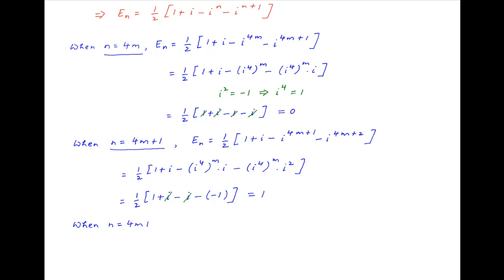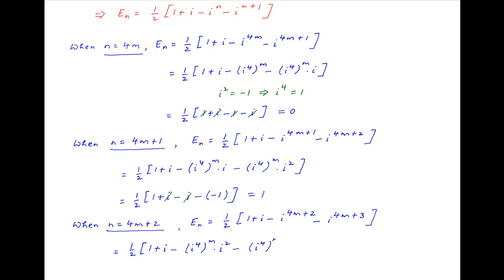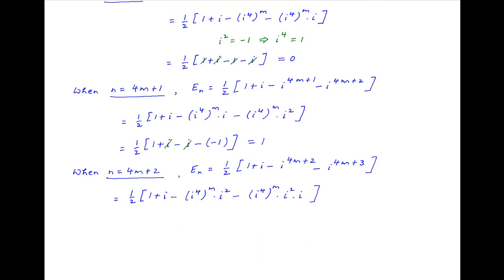Next, consider the case when n is of the form 4m plus 2. In this case, En is equal to half of, in brackets, 1 plus i minus i raised to the power 4m plus 2 minus i raised to the power 4m plus 3. And this is equal to half of 1 plus i minus i raised to the power 4 raised to the power m times i square minus i raised to the power 4 raised to the power m times i square times i.